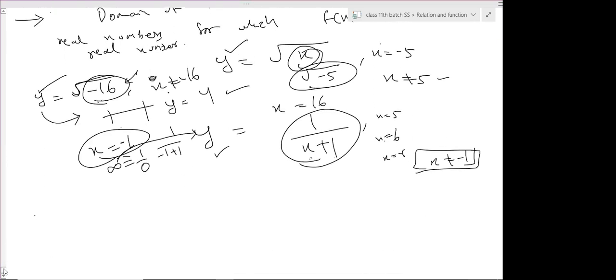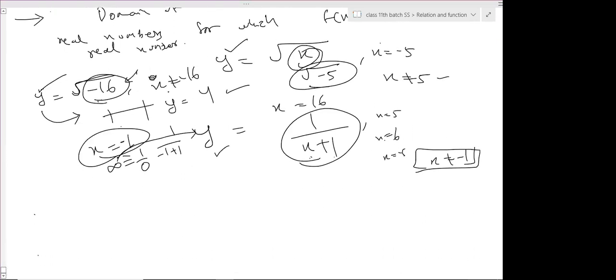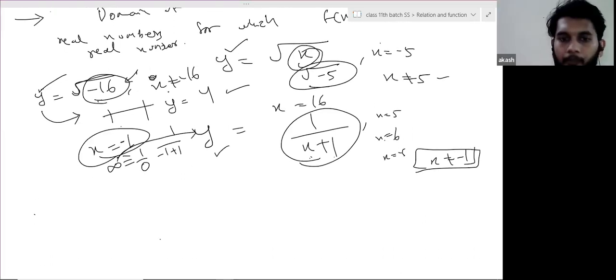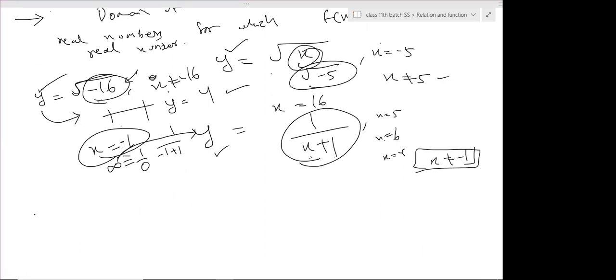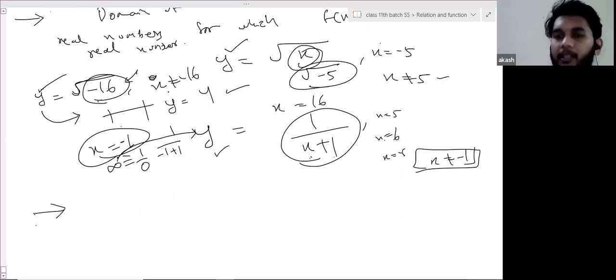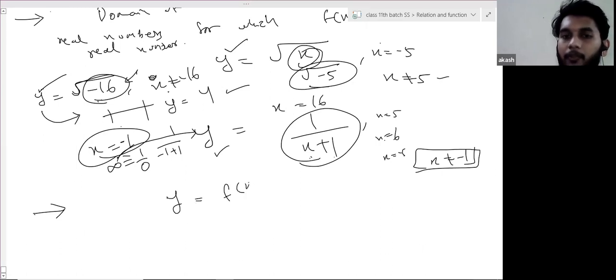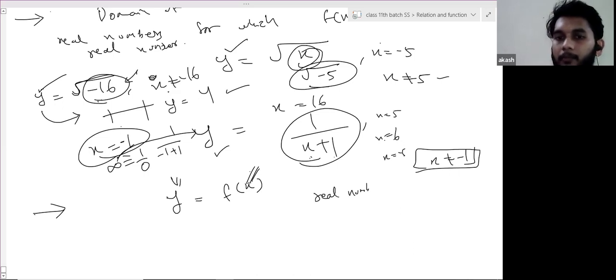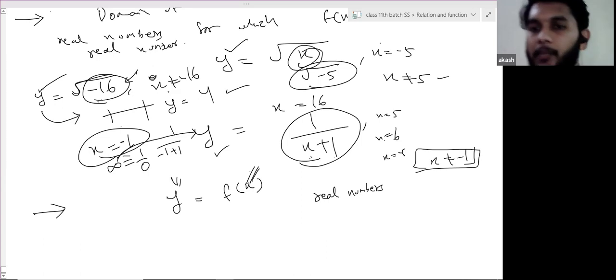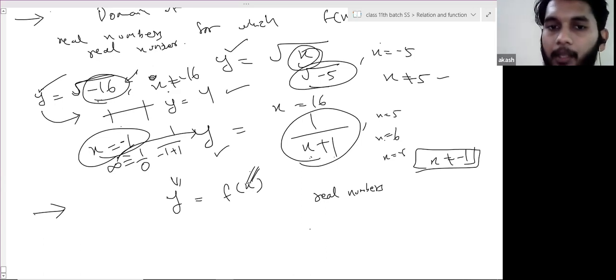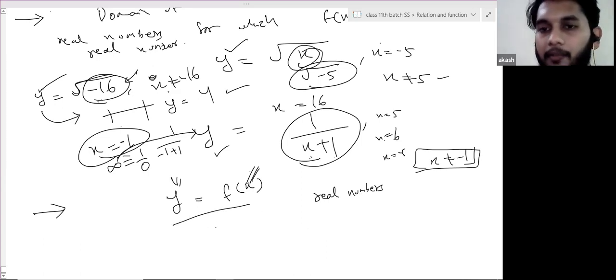So can you just summarize real functions? See, very simply, what is a real function? If I give you any function y equals f of x, and all x and y are real numbers, then it is a real function.